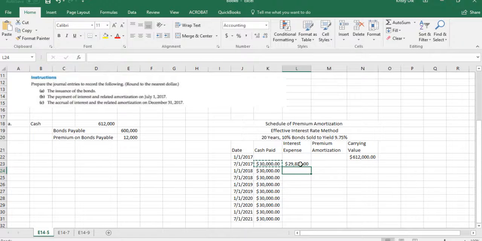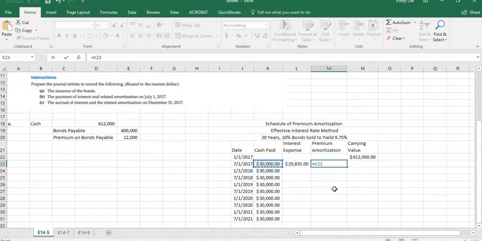And that tells us that our real interest expense, our real cost of borrowing, is only $29,835. Therefore, the difference between those represents the amount of premium amortization that should occur.